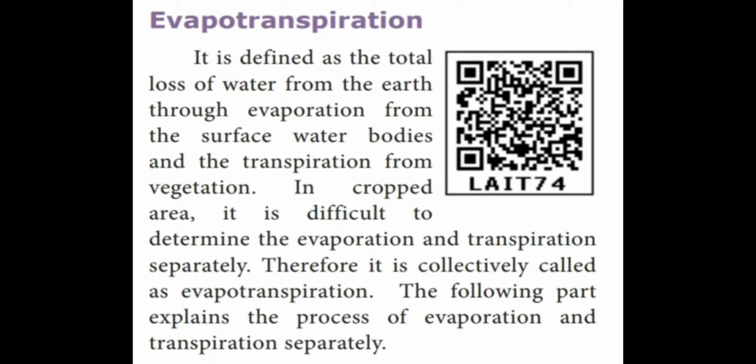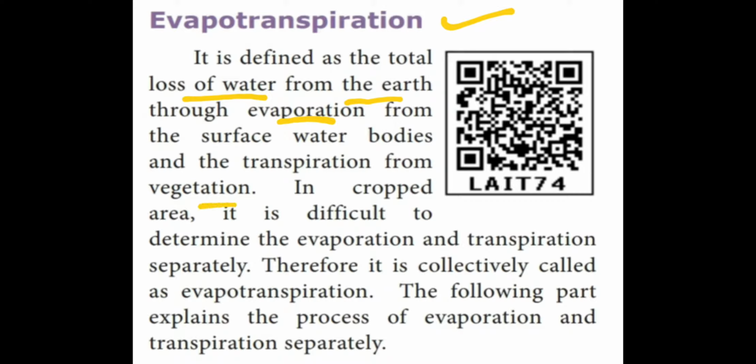First we'll see what is evapotranspiration. It is defined as the total loss of water from the earth through evaporation. So what is evaporation? Loss of water from the earth is called evaporation, from the surface water bodies, and the transpiration from vegetation.